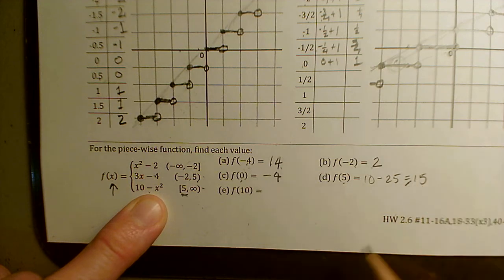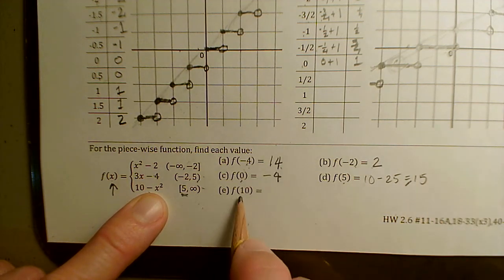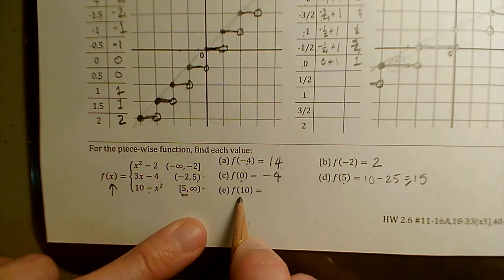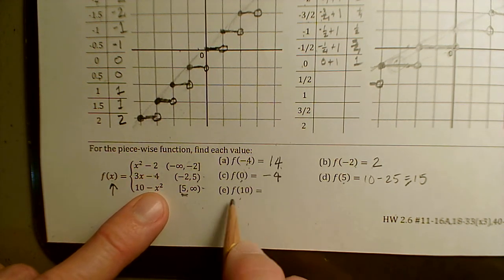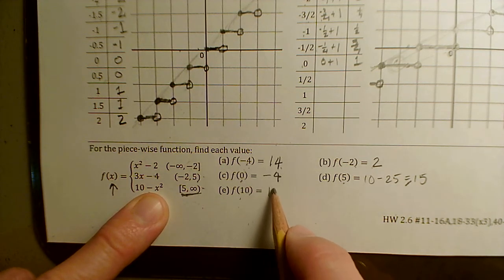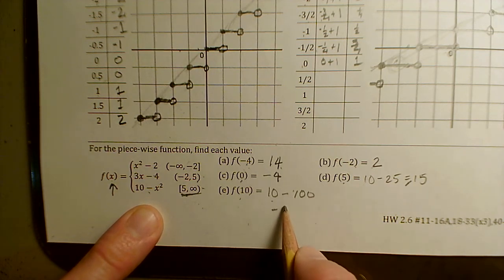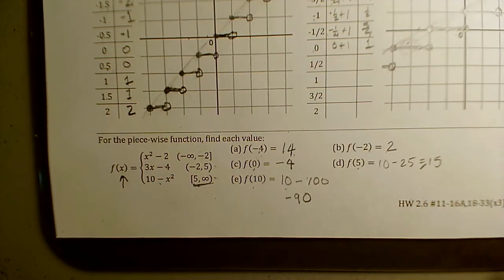Sorry, I lost my negative there. -15, 10 minus 25. All right, and then f of 10, where am I plugging that in? It looks like it fits into this domain. So I'm going to do 10 minus 100, and that looks like -90, okay?